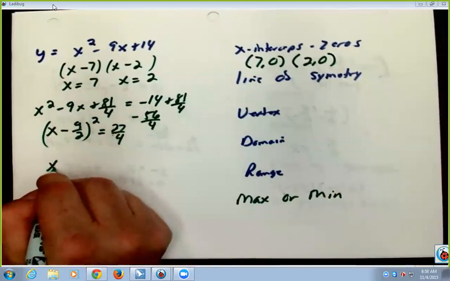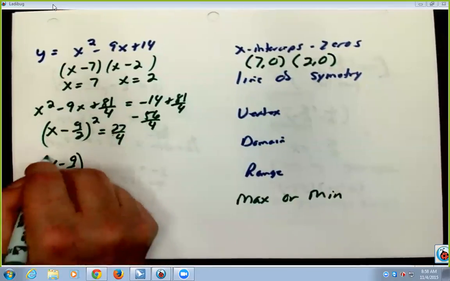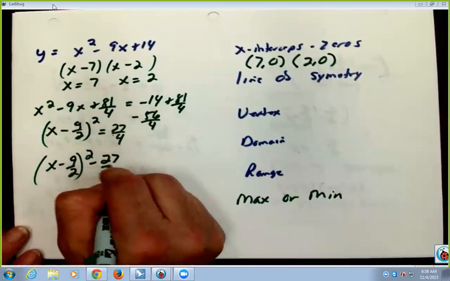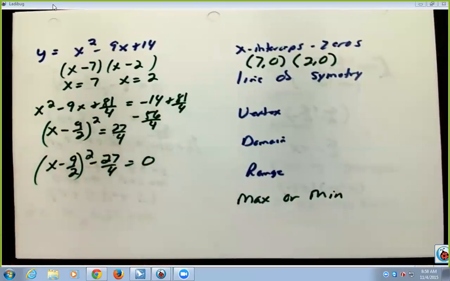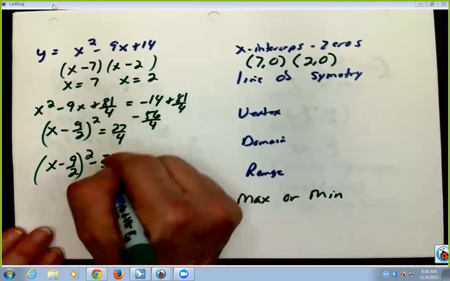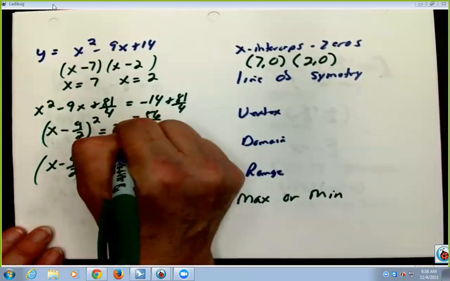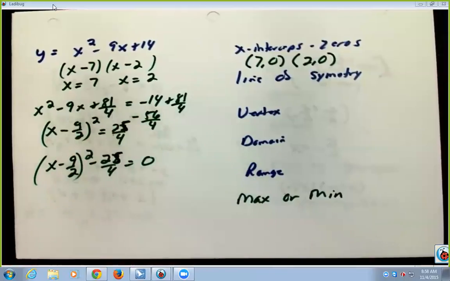Move it back over, and you've got your pieces. Wait a minute. It should be 25 up here. 25 fourths.